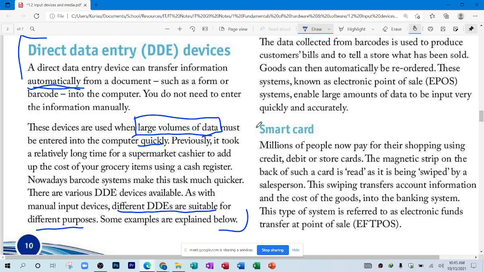Now, if the cashier were to use a manual input device, if they were to manually put in all of those items, how long do you think you would spend at that supermarket?